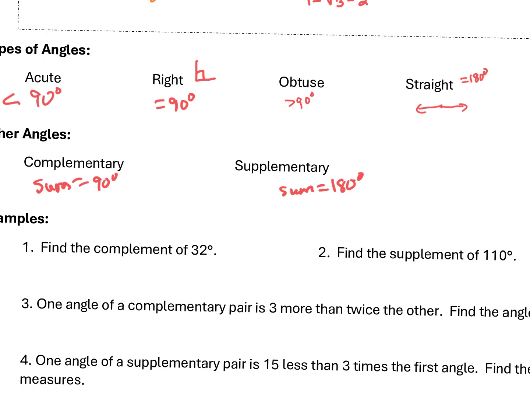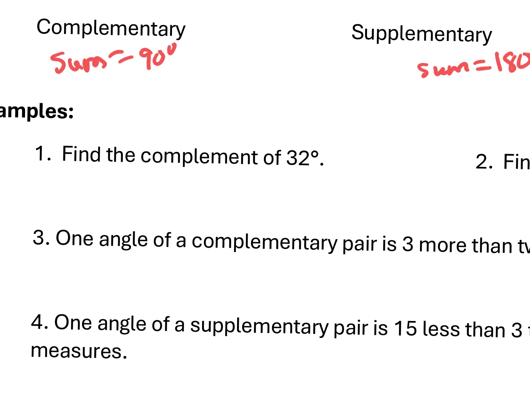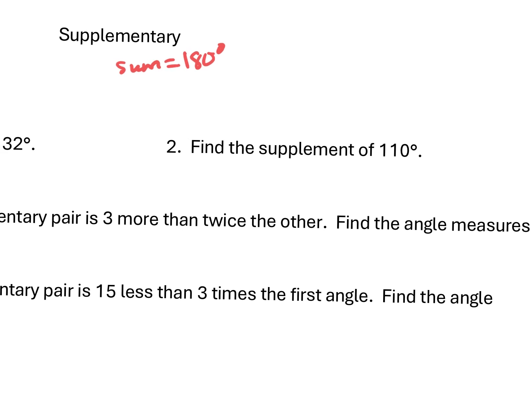All right, so if we want to find the complement of 32 degrees, what are we going to do there? Subtract 32 from 90. So 90 minus 32. So the complement of 32 degrees is 58 degrees. Find the supplement of 110 degrees. That means we're doing 180 minus 110.